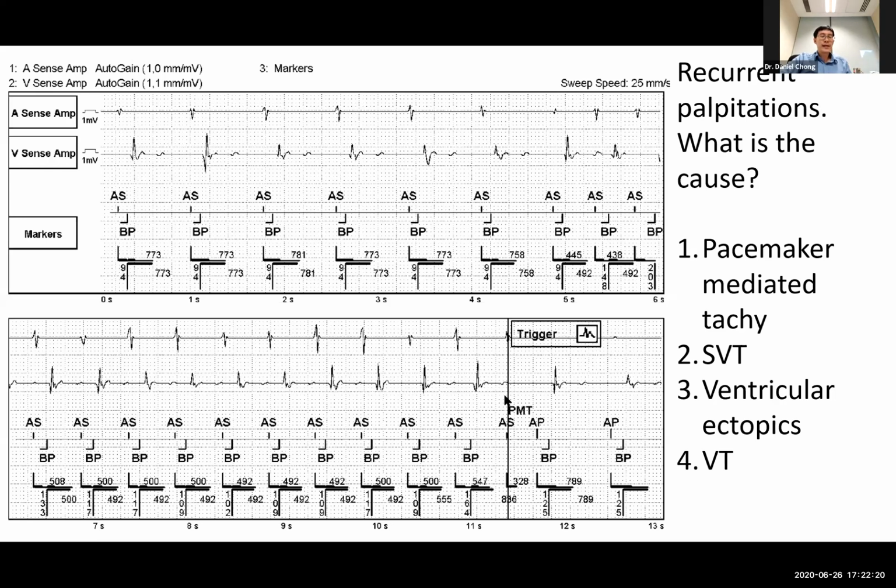But in this particular case, over on the right you can see that the tachycardia terminated, so it's a PMT. It is the response of this rhythm to this maneuver that helped us differentiate between PMT as well as SVT.